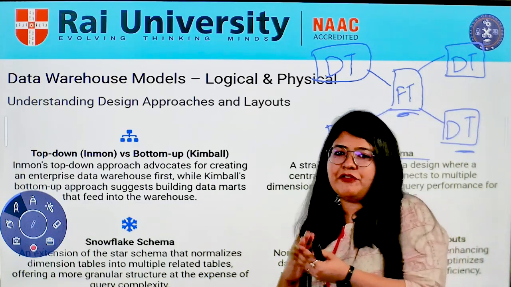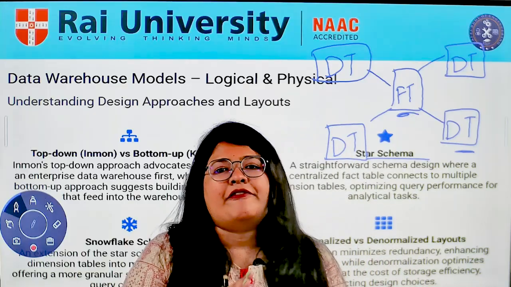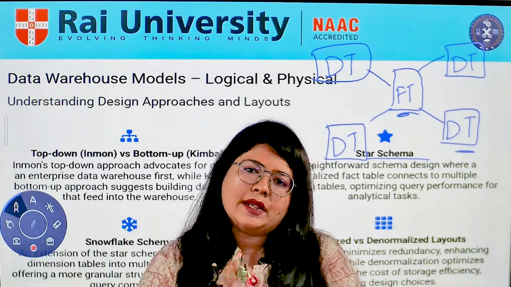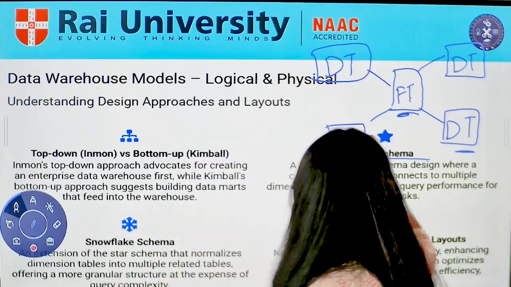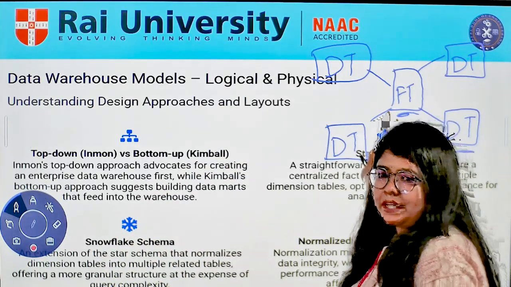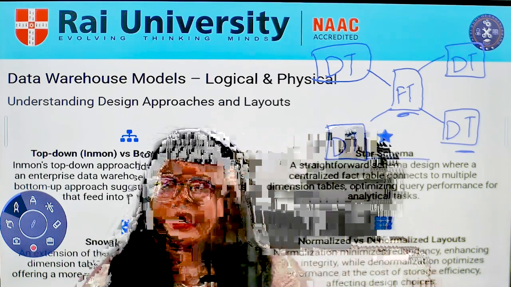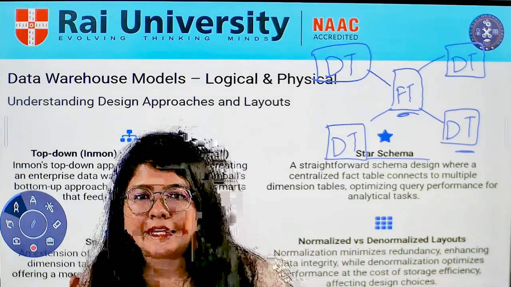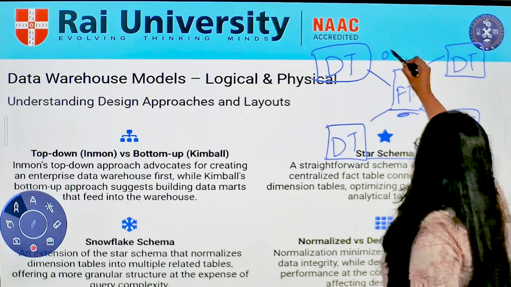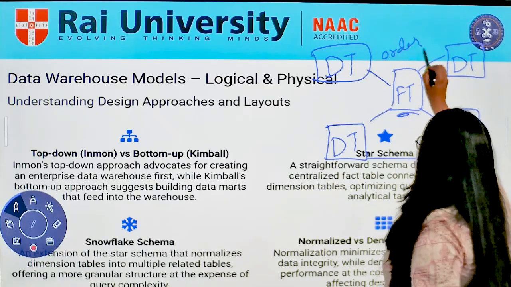So what are fact tables and dimension tables? A fact table contains only numerical values and the primary keys of all the data. Dimension tables, which are connected to the fact table, are descriptive tables. Let's suppose, for example, the fact table is an order table.